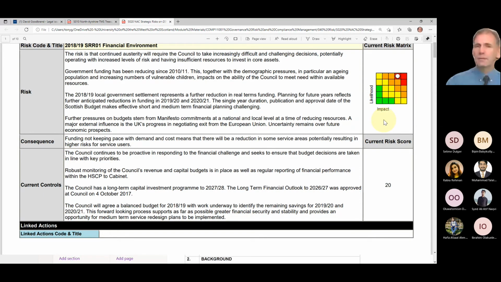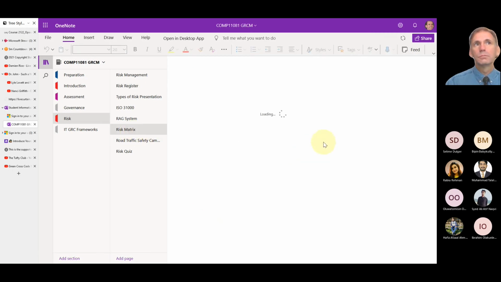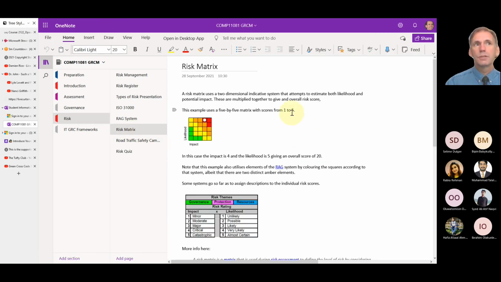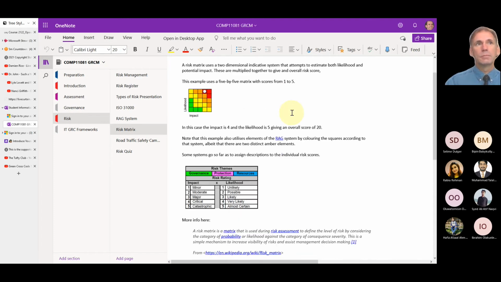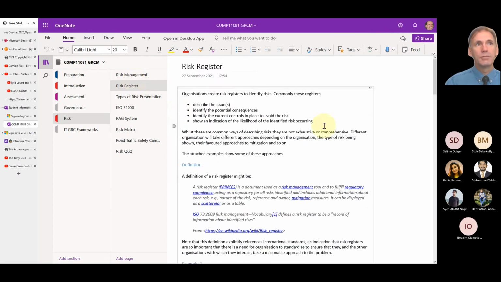So it's the same idea, but slightly more detailed, slightly more nuanced in terms of its approach, because it uses this risk matrix instead of a simple RAG system. Some systems actually assign the description. So what impact would it be? Minor, moderate, and so on. What is the likelihood? All the way up to almost certain. So that's the second example of a risk register.